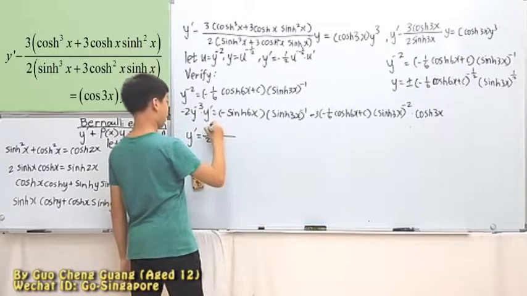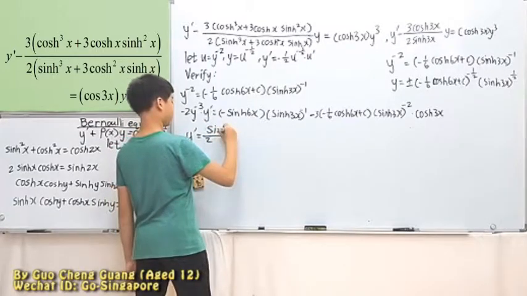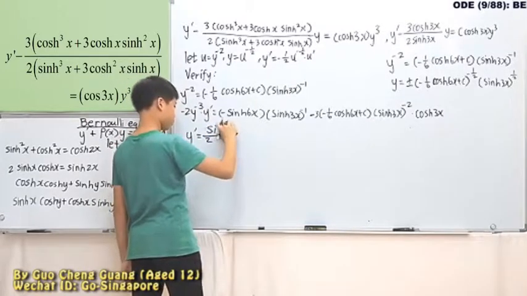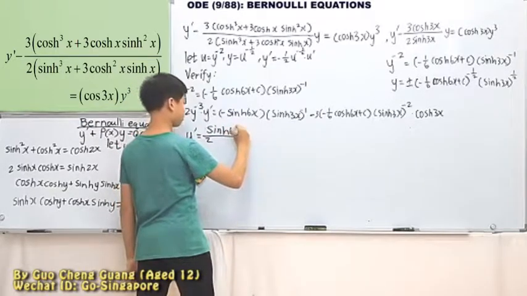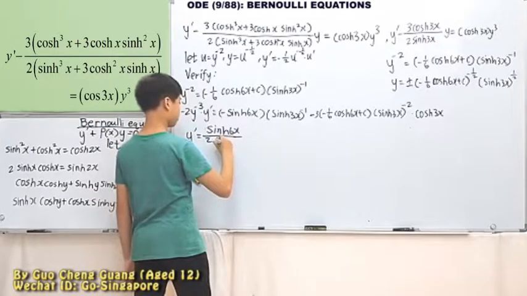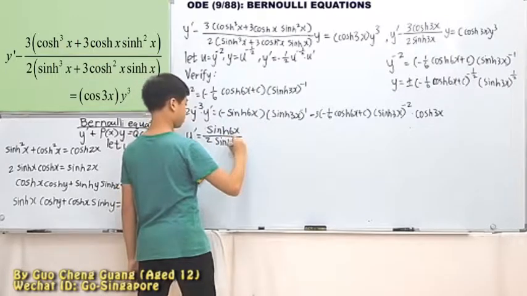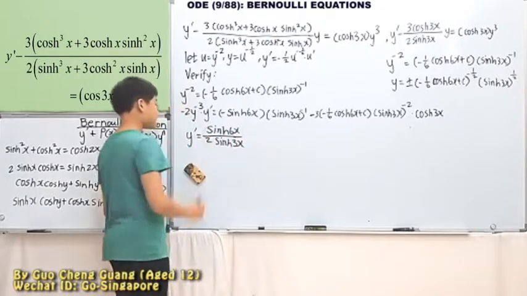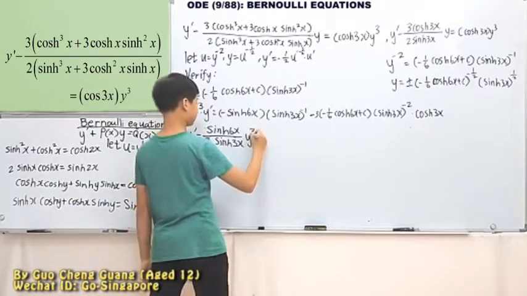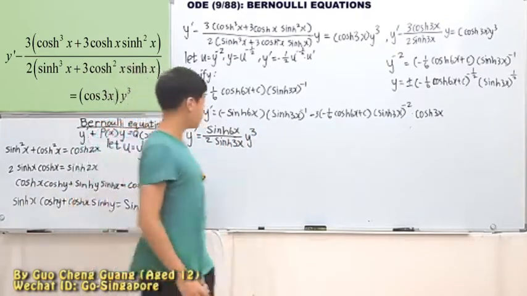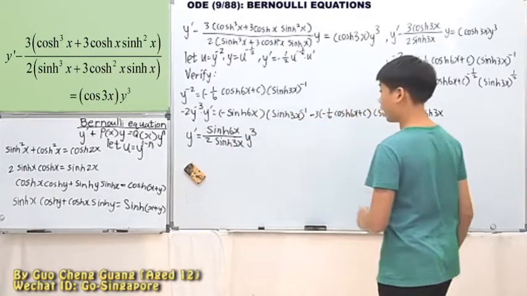So that means you have this part. Then here you still have your y cube. Okay. You still have your y cube.